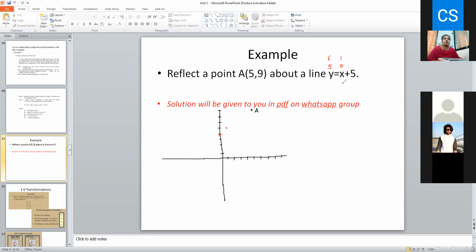When x is equal to 4, y will become 9. So 4, 9 is somewhere over here. It is the line of our choice, any arbitrary line.